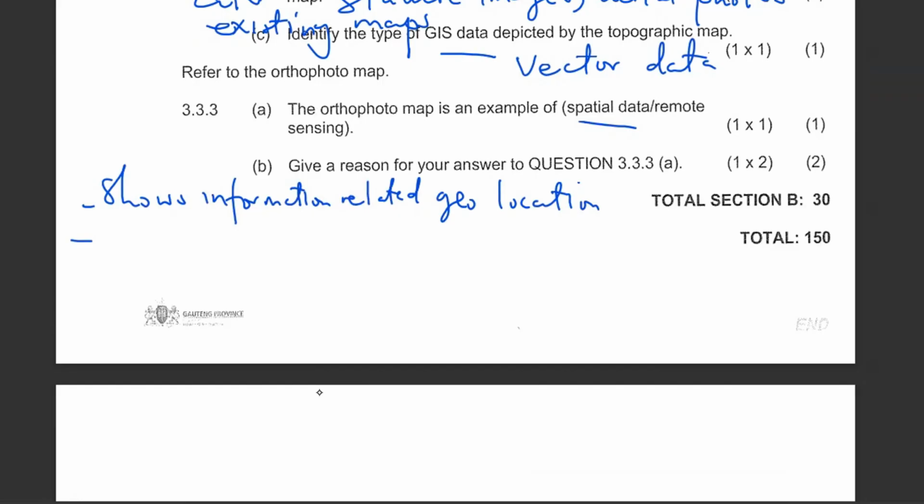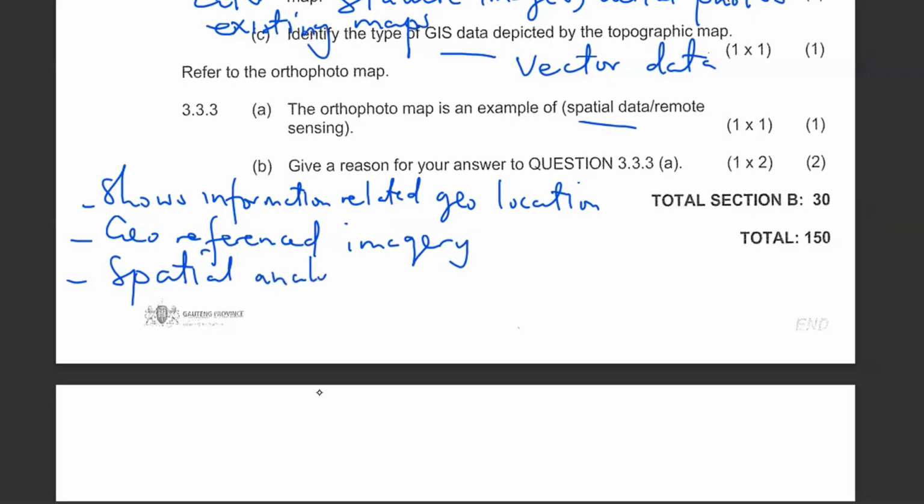And also it's a geo-referenced imagery. And you can also use it for spatial analysis. We can do spatial analysis on the orthophoto map. For example, what we were doing, measuring distance, or calculating the area of a given polygon feature. So we can justify that is a spatial data.